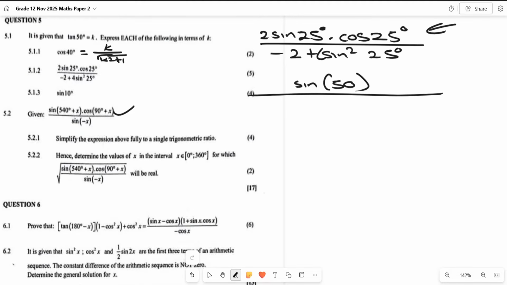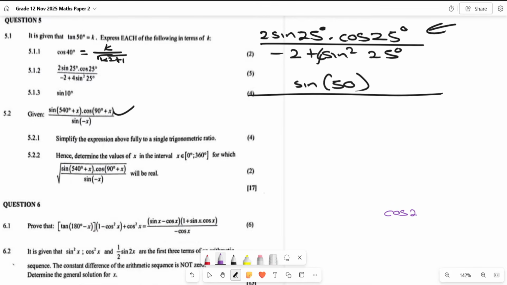That is the numerator. We're going to divide this by, now look at the denominator. Okay, guys, I forgot to put 4 here. When we look at the denominator, let me now start writing it in a different color because this one is not simplified as yet. I have 2 minus 2 and I have plus 4 sine squared 25, right? When I look at my double angles, let me write it here at the bottom.